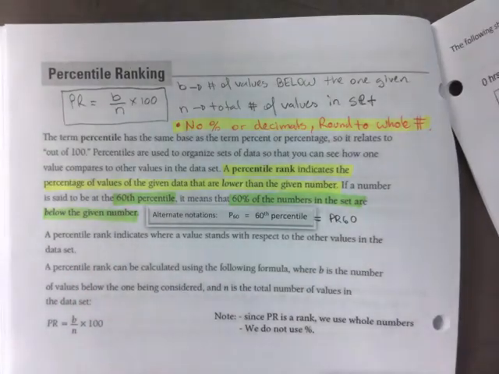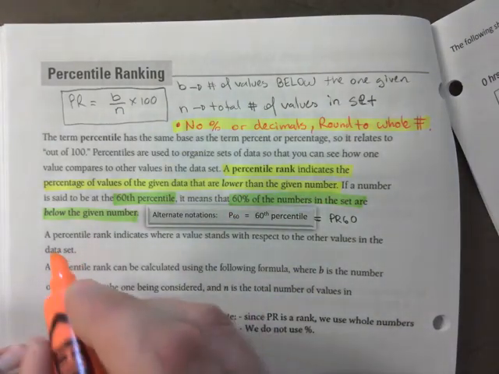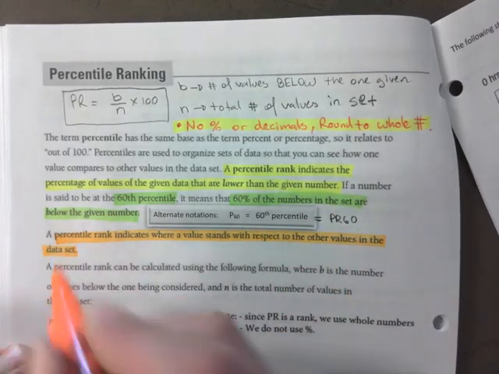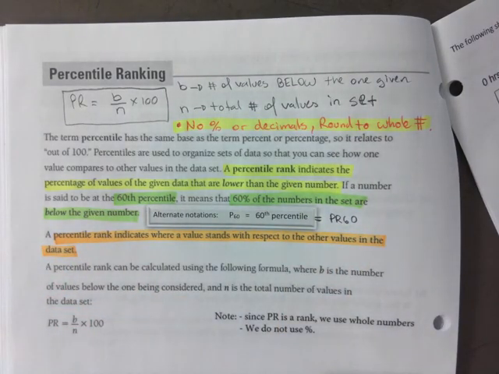Another thing worth highlighting, percentile rank indicates where a value stands with respect to the other data in that set. Connor Hellebuyck, our goalie for the Jets. What do you think percentile-wise during the regular season?